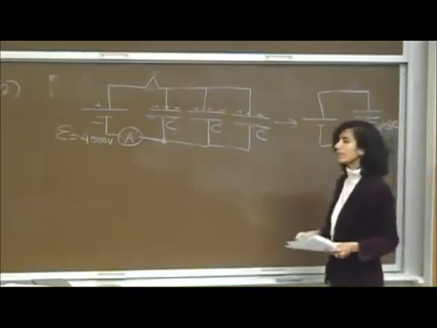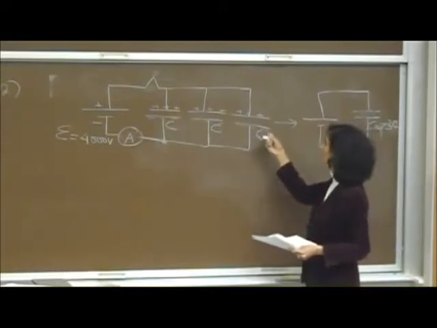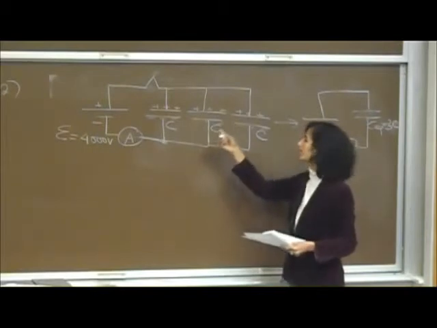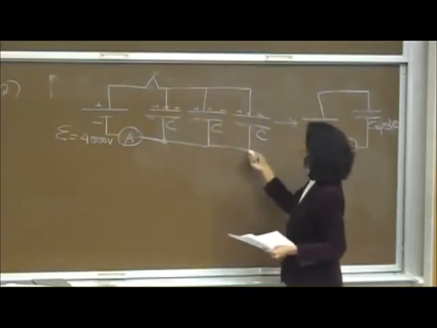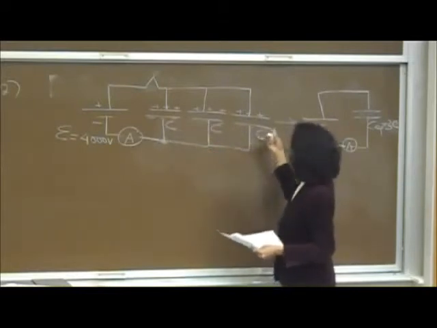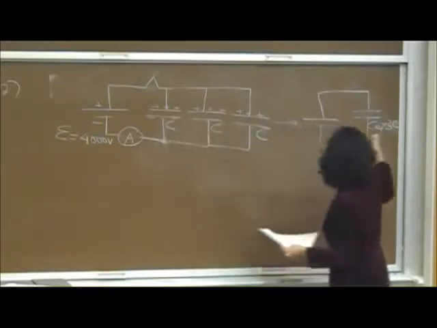Because remember, capacitors in parallel have capacitance equal to C1 plus C2, right? So in this case, 3 things are in parallel, so the equivalent capacitance of this, this, and this will be C1 plus C2 plus C3. In this case, it's 3C.